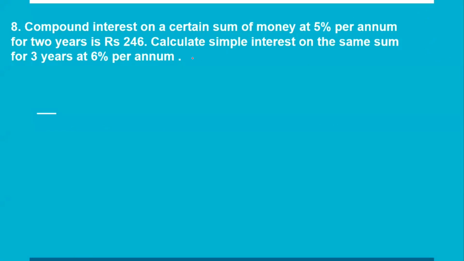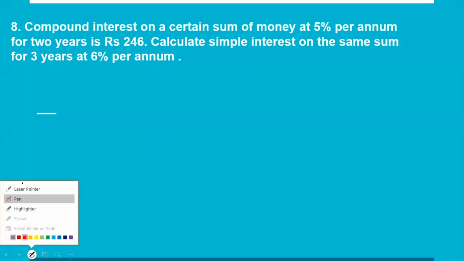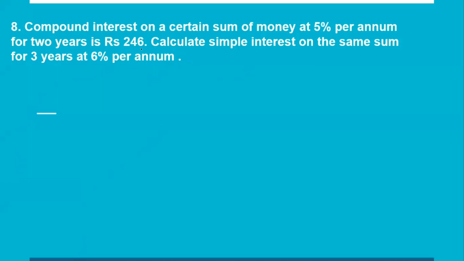Question number 8. Compound interest on a certain sum of money at 5% per annum for 2 years is rupees 246. Calculate the simple interest for 3 years. So first let us worry about the compound interest.